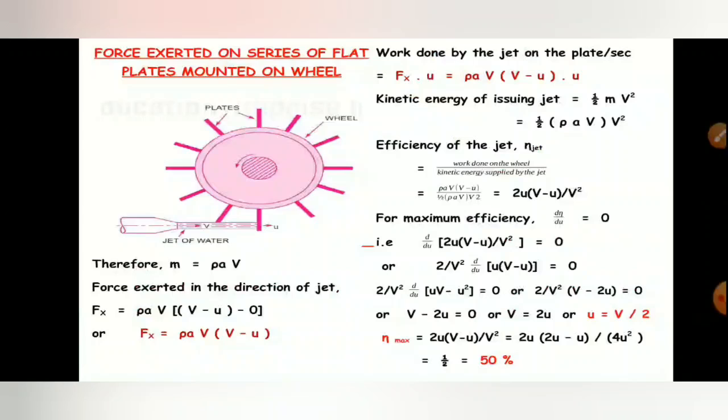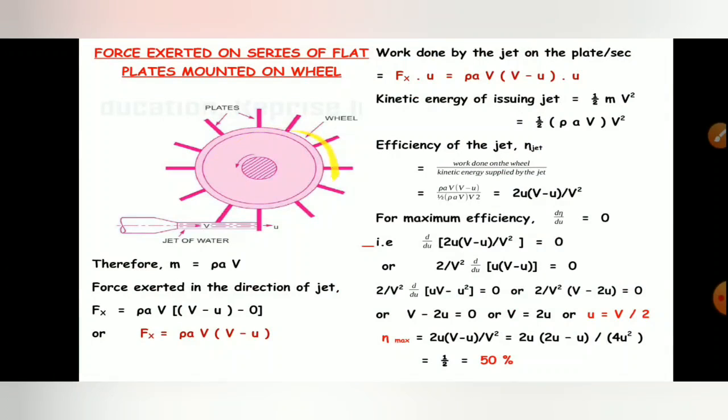However, if a series of flat plates is fitted on the periphery of the wheel, there is always a plate facing the jet. Thus, the entire fluid issuing from the jet strikes the plate.